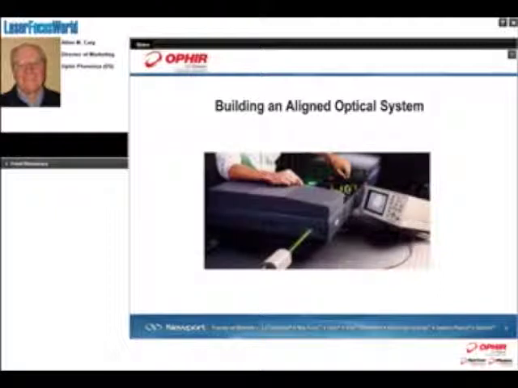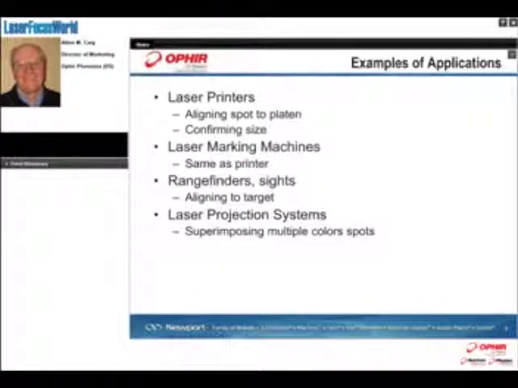What are some applications that would be examples of an aligned optical system? Well, certainly, first of all, say a laser printer. In this case, you've got a laser spot that needs to be aligned to the platen or the place where the paper is being written on, and that spot needs to be of a particular size.